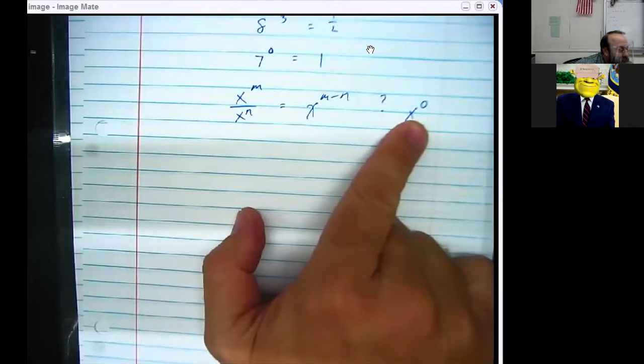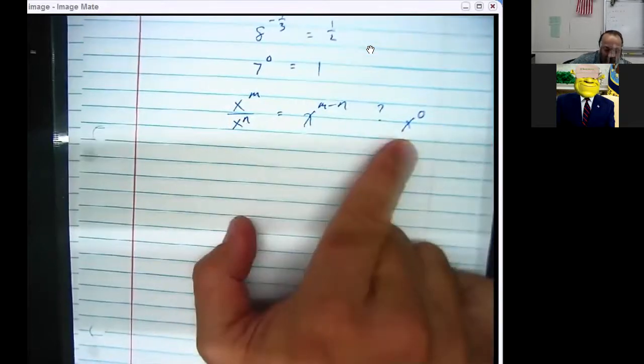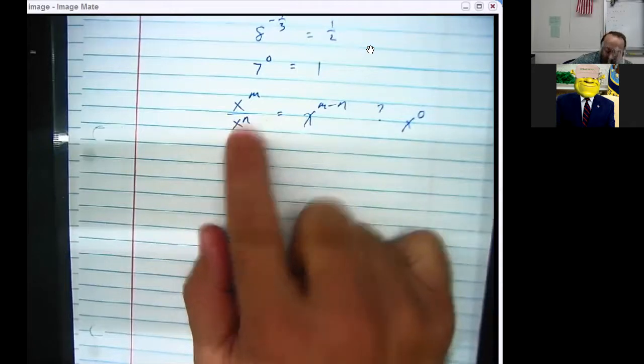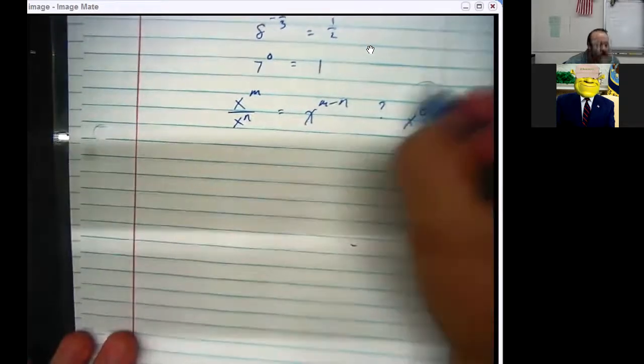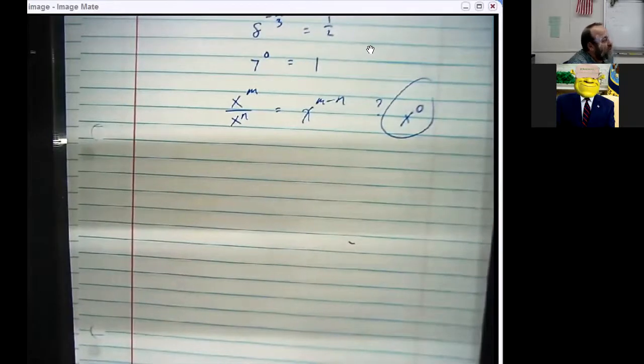How can you subtract two numbers and get 0? They're the same number. That's why the answer is 1. Because if this was 0, that means x to the m and x to the n were the same thing. What happens if you ever divide anything by itself? You get 1. The only way you get x to the 0 is if you divide something by itself.